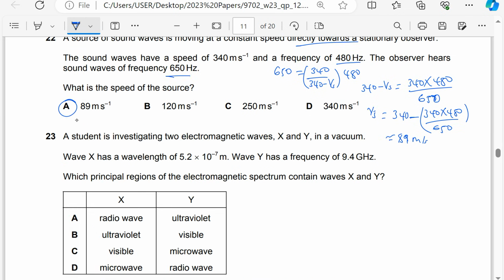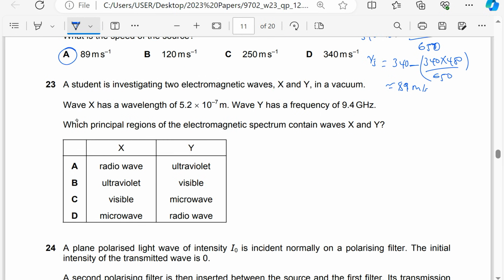A student is investigating two electromagnetic waves X and Y in a vacuum, where wave X has wavelength 5.2 times 10 to the power of minus 7. Wave Y has frequency 9.4 gigahertz. Which principal regions of the electromagnetic spectrum contain wave X and Y? I will start with wave X and Y. Remember, Reed's mother is visiting Uncle Xavier's garden.